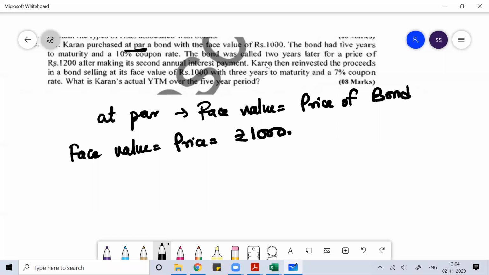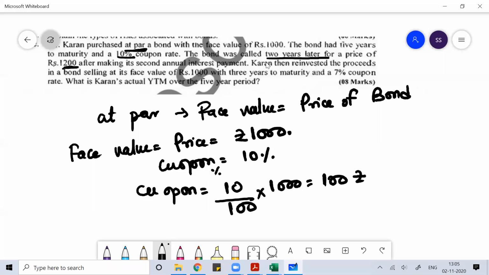So you bought this bond for 1,000 rupees, got 100 rupees coupon for the 2 years, and then after 2 years you sold this bond for 1,200 rupees.